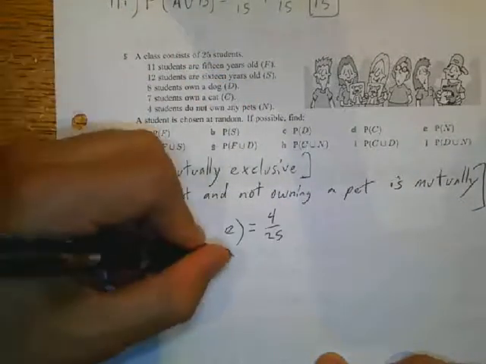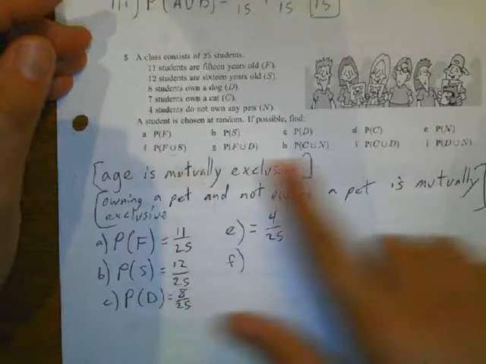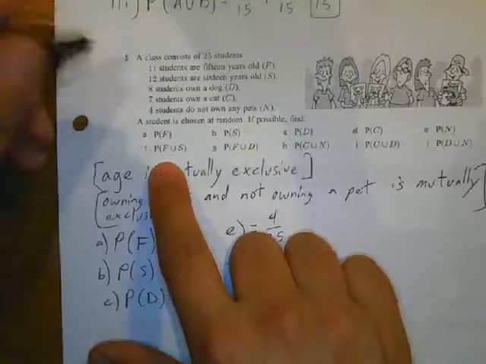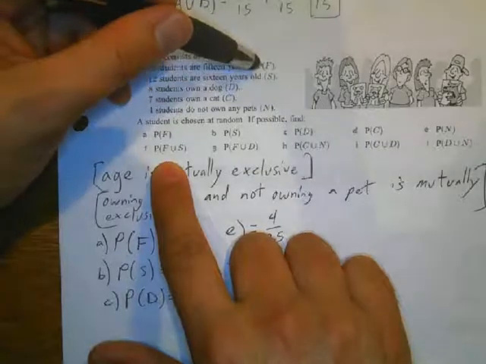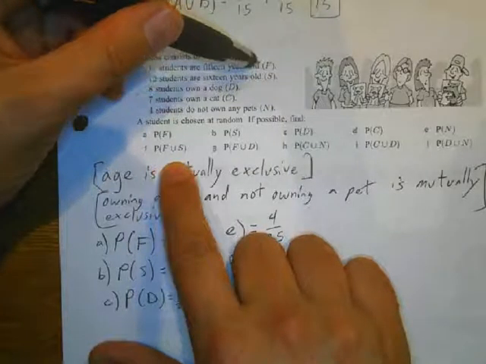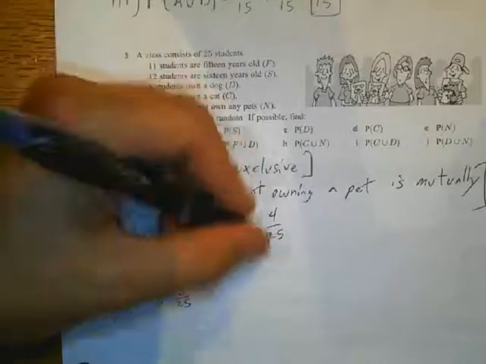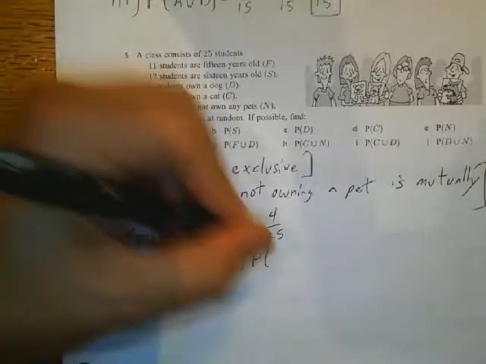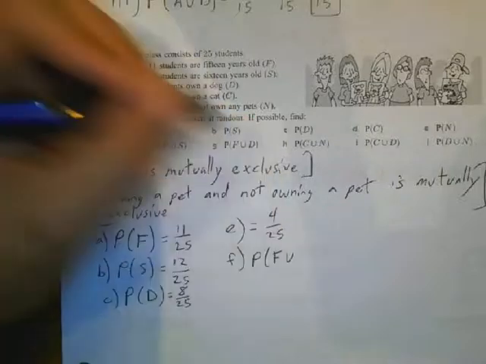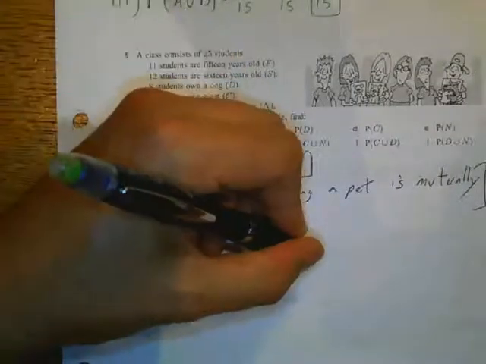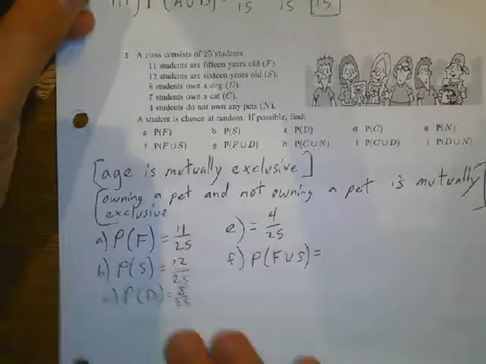Question F. Okay, what's the probability of being 15 years old or 16 years old? So the probability of the union of 15 and 16 years old is going to be equal to the fractions added together.